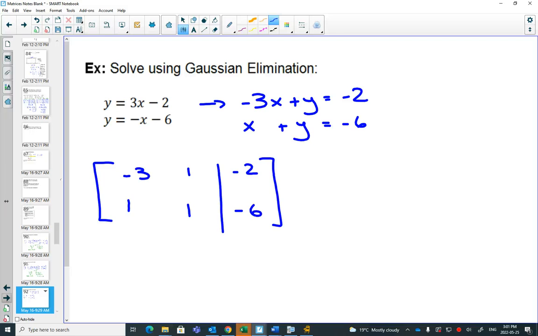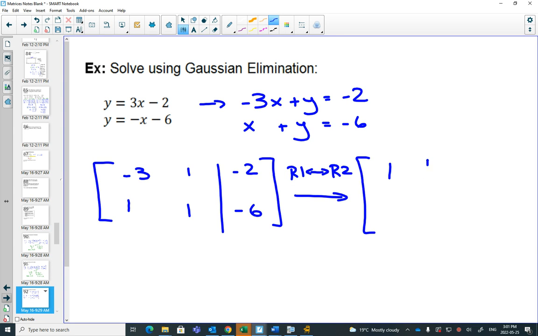I want the 0 here in the bottom left. Can you see that you could get a 0 in the bottom left if you went with fractions? Okay? I don't know if I necessarily want to go to fractions. So sometimes in this situation, I'm going to take row 1 and interchange it with row 2.